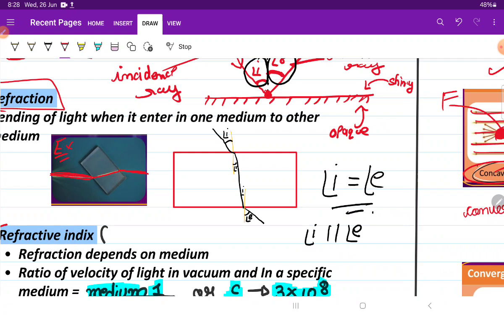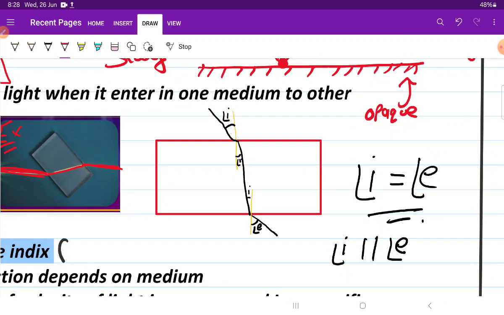When a light ray comes from air and enters water, it will change its path in a certain direction. You can see the light ray coming, when it collides with this point, it changes its direction, and then it collides with point C. This is point B. When it collides with point C, it changes its direction one more time.